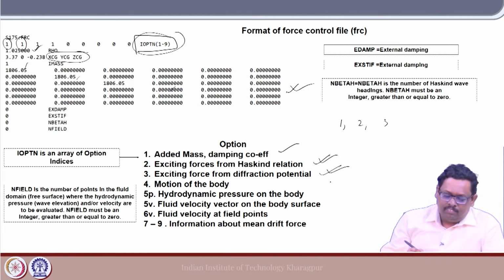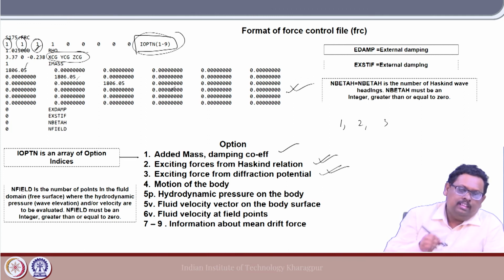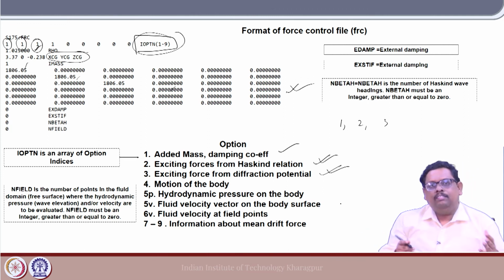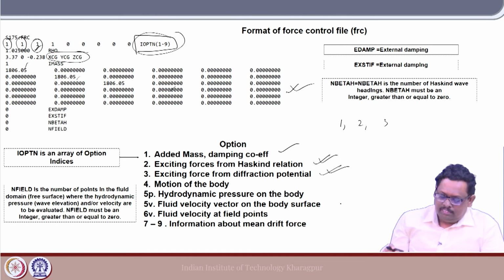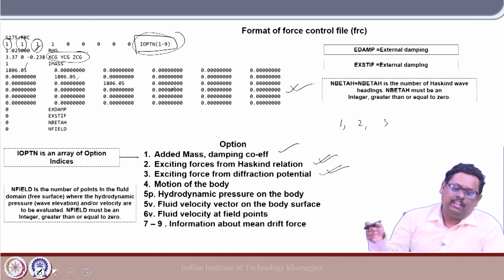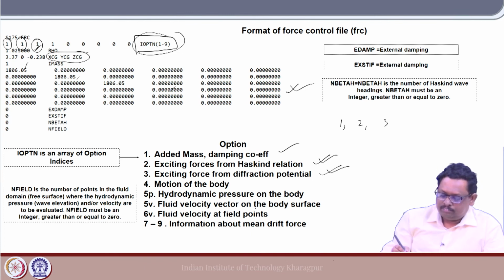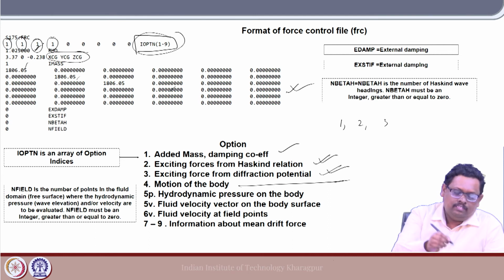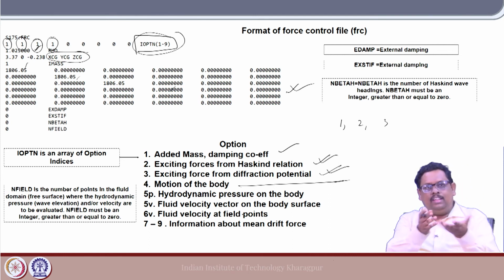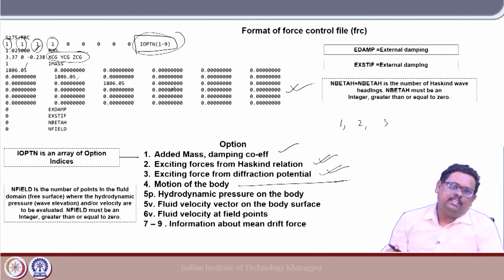If I want the exciting force from the diffraction potential of this panel method code, I make this option 3 1. And if I want the motion also, so normally we want these 4 only, right. I am interested in getting the added mass, the exciting force, and the motion of the body.